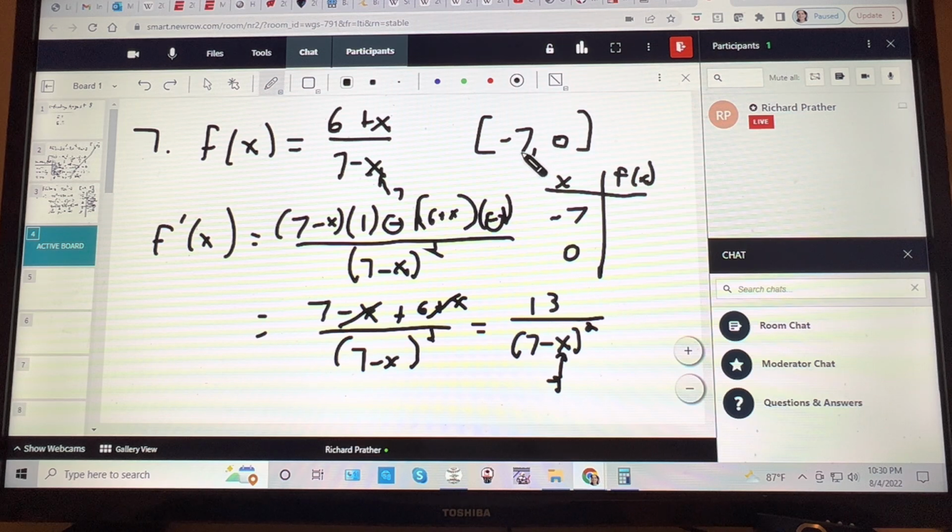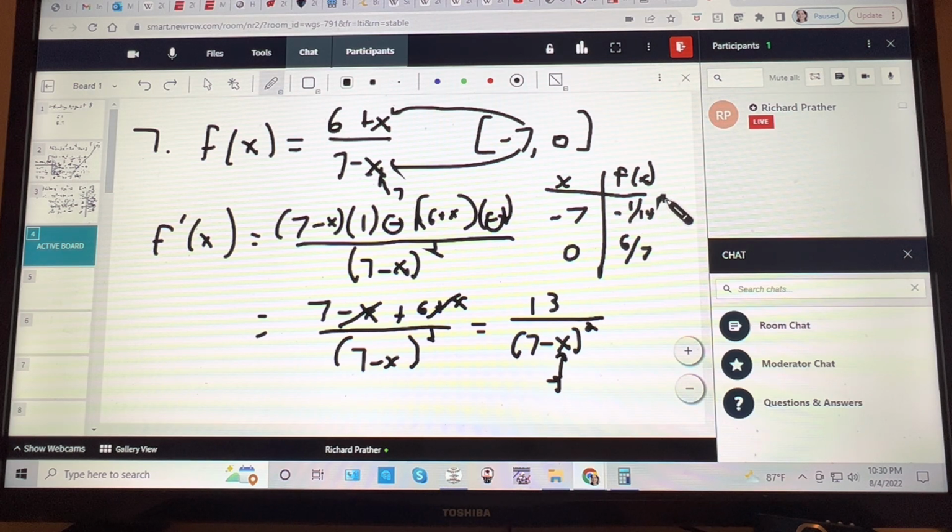So plug in -7, and you would get -1 in the top, and you would get +14 in the bottom. 7 minus a -7 is 14. So -1/14 is that value. And if I plug 0 in, the x's disappear, so you get 6/7. So negative is smaller than a positive.